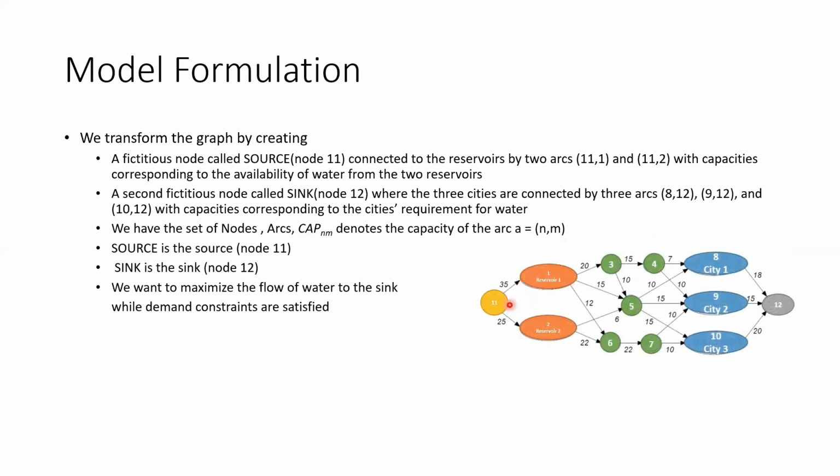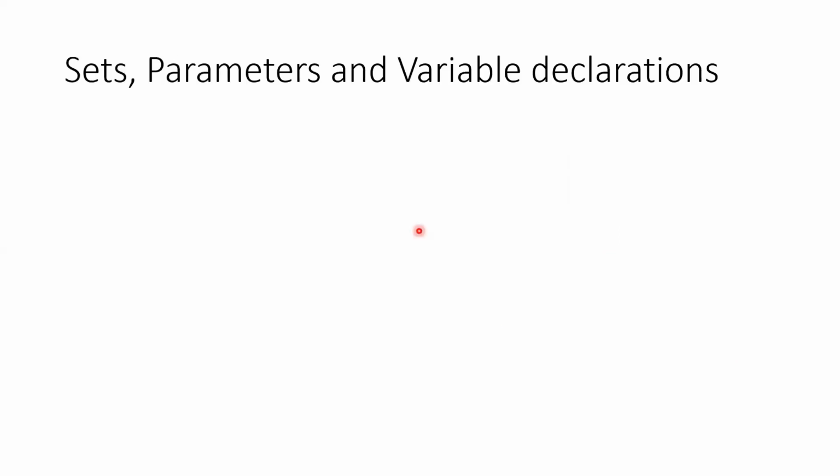The same network is depicted here, where we depict 11 as the source node and 12 as the destination or sink. And we represent the amount of flow from the cities to the sink as the city's requirement. We declare the sets, parameters and the variables.